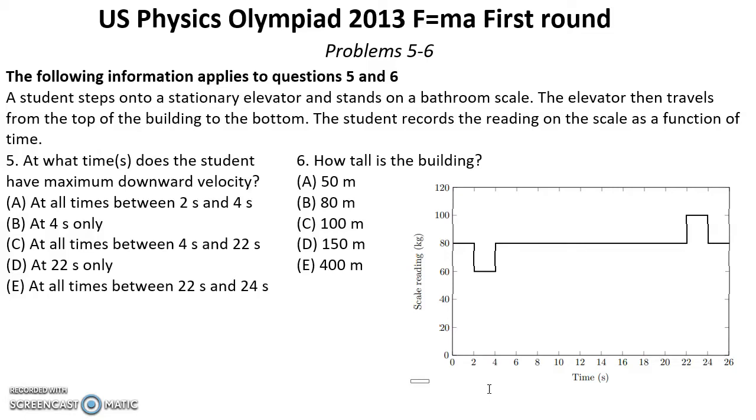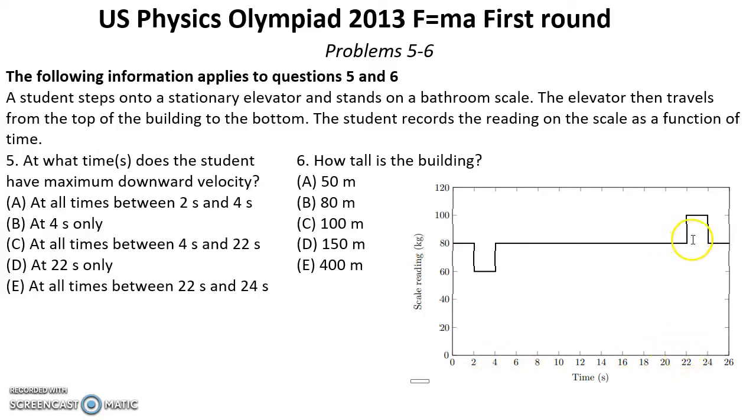So velocity is increasing. And when it reaches 4 seconds, it starts to move with a constant velocity, because here the reading of the scales is the same as the weight of the student. So we have maximum velocity between 4 and 22 seconds.